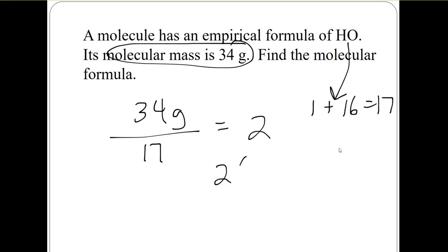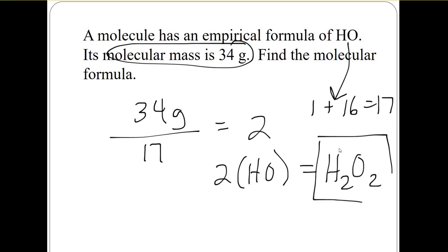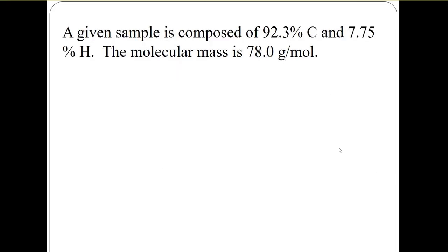So I'll take this and I will multiply it through by my empirical formula, and I get H2O2. You do have to distribute it out. This is your answer, hydrogen peroxide, H2O2. So the empirical formula is a 1-to-1 ratio, and I find by being given the molecular mass, I have 2 of those empirical formulas.